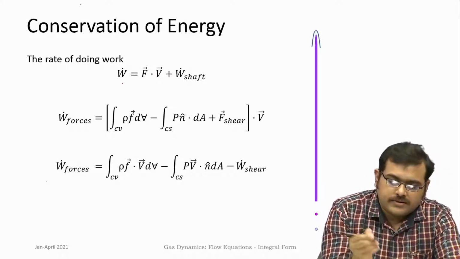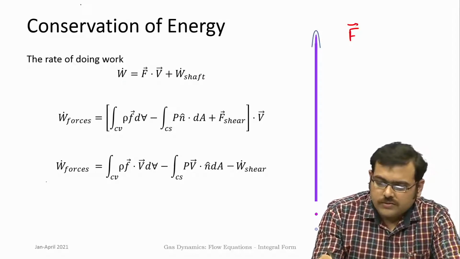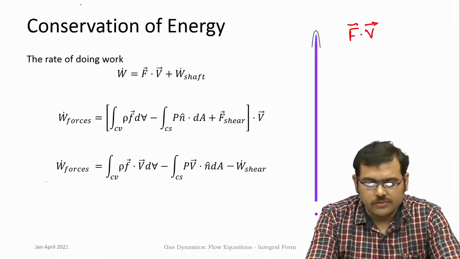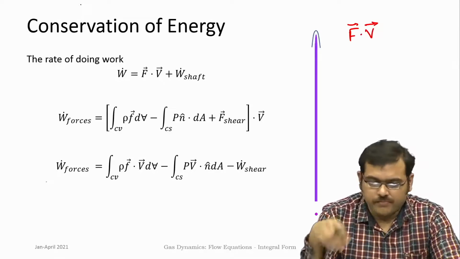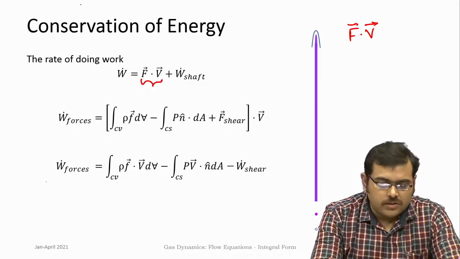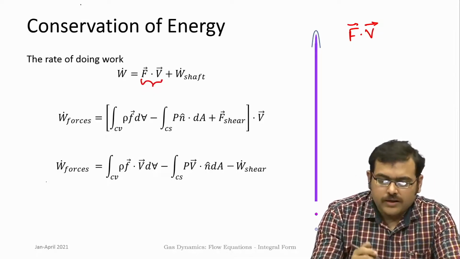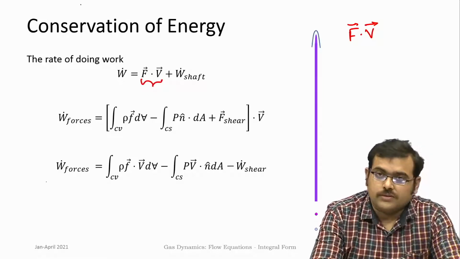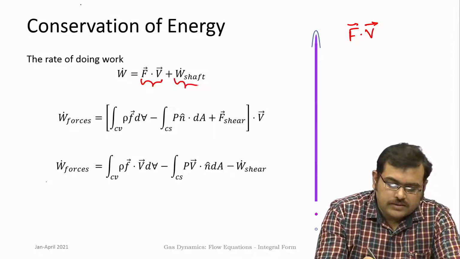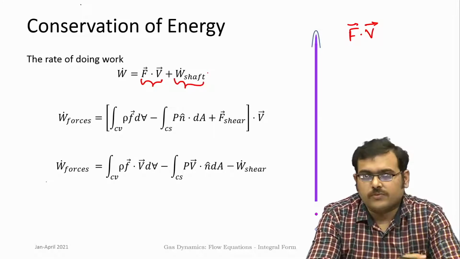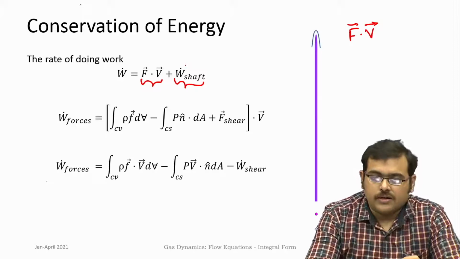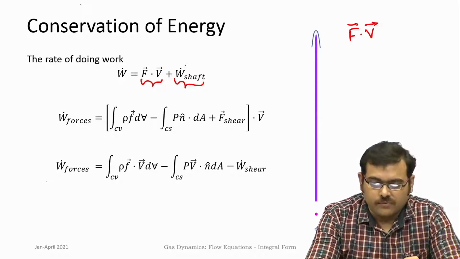Rate of doing work is nothing but the dot product of force and velocity, which is given over here. These are all the forces that act on the fluid flow, but you can also have other external forces. Some work is taken out through the shaft, as is done when you are using fluid flows for converting energy and so on. So, that work is additional, which is shaft work.